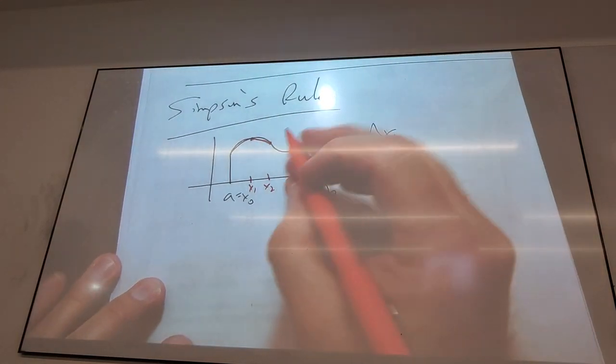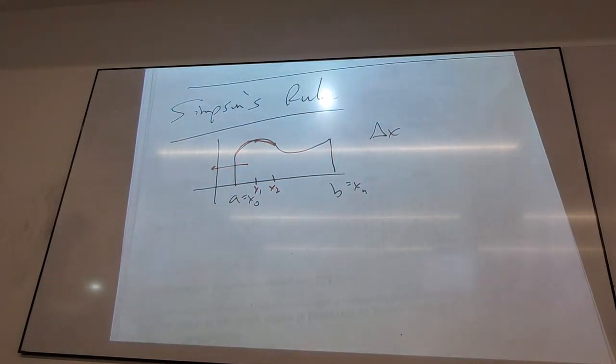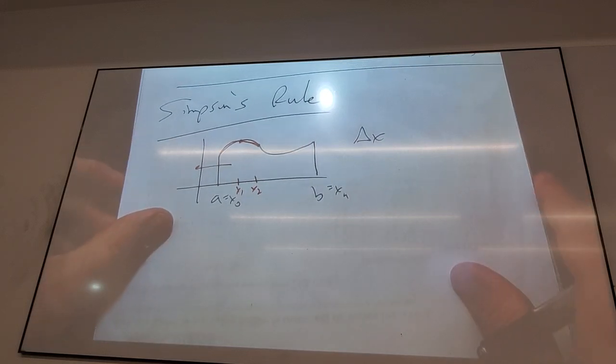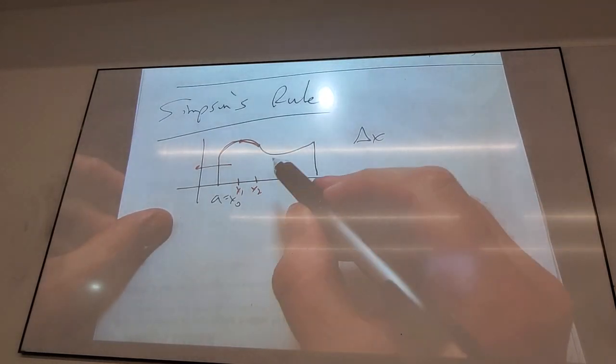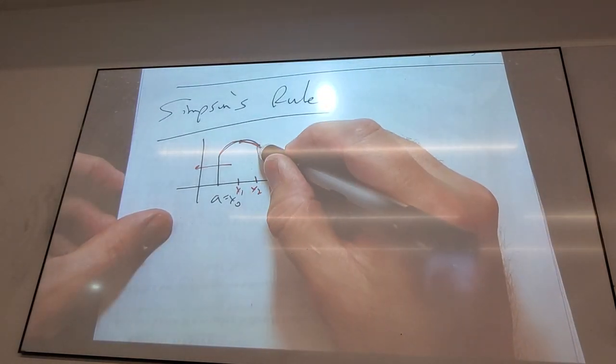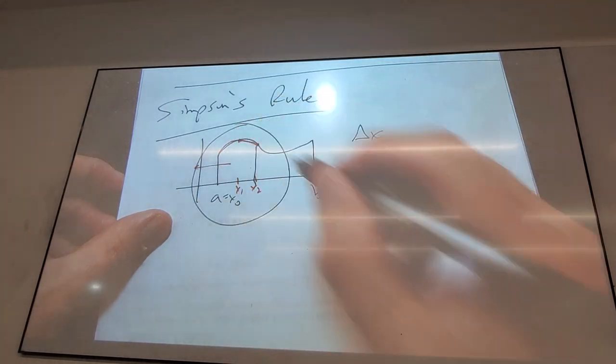Now, I'm going to move this back, and I'm going to work with this. Let me put it on the next page. I'm just going to focus on this first chunk. I'm going to move it back so it looks like this. And you are all over the place.